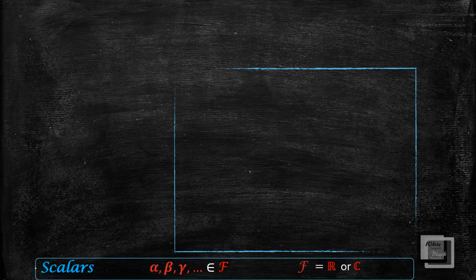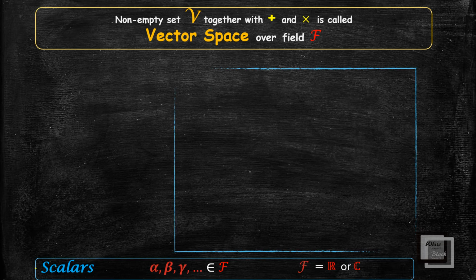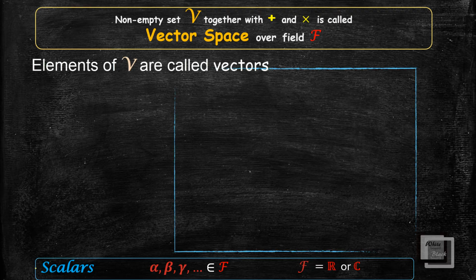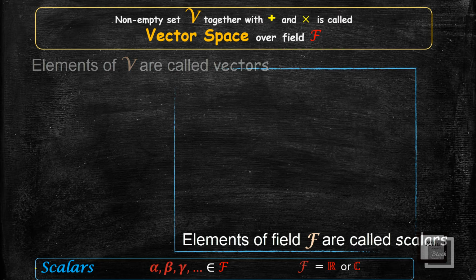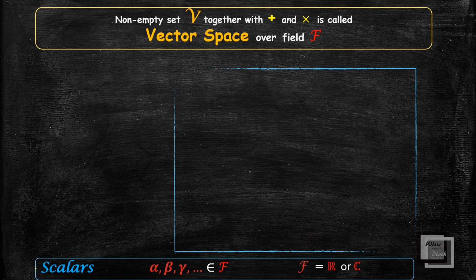The definition of a vector space involves a non-empty set V whose elements are called vectors, and an arbitrary field F whose elements are called scalars. Nothing will be lost if we assume that F is either a real field or a complex field.